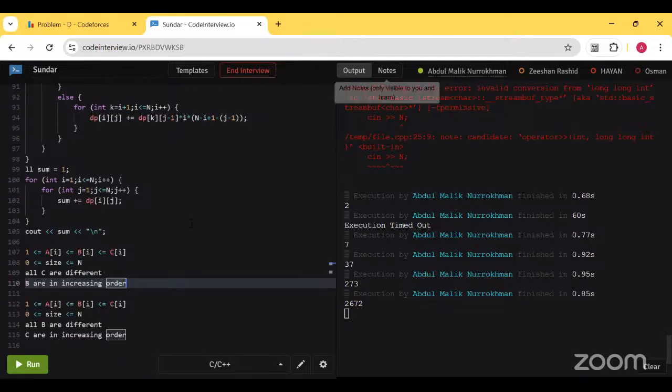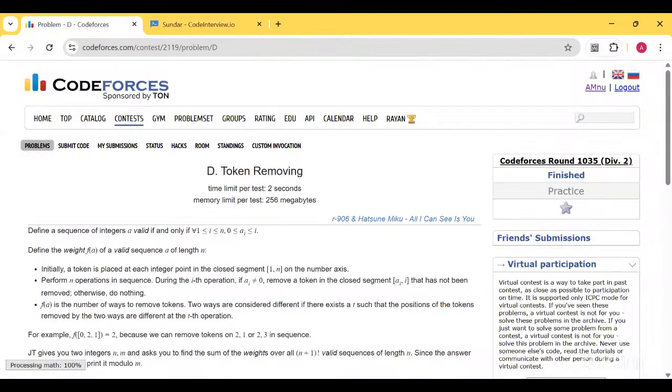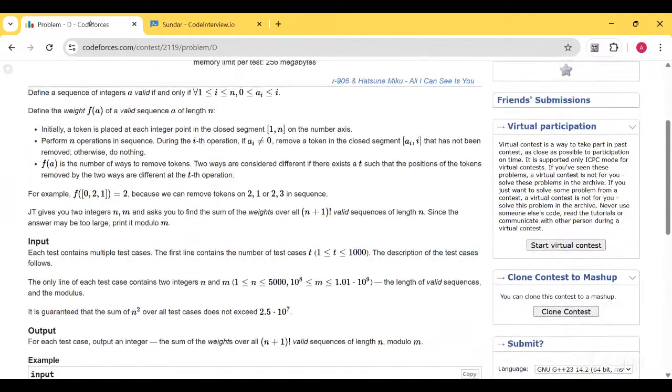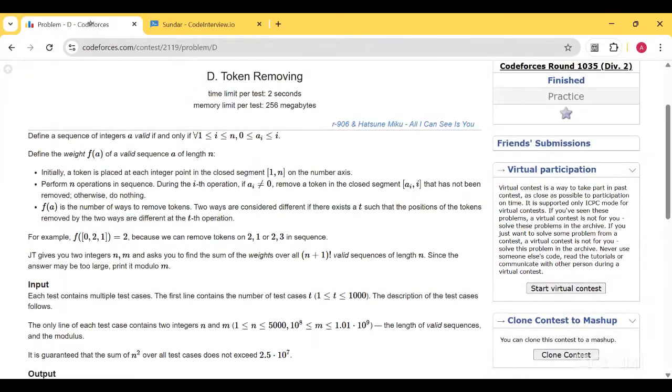Okay, maybe let me explain using other ways without formula. So the idea is like this. We will find which tokens will be removed. Do you know how many possibilities for this? Which tokens will be removed?